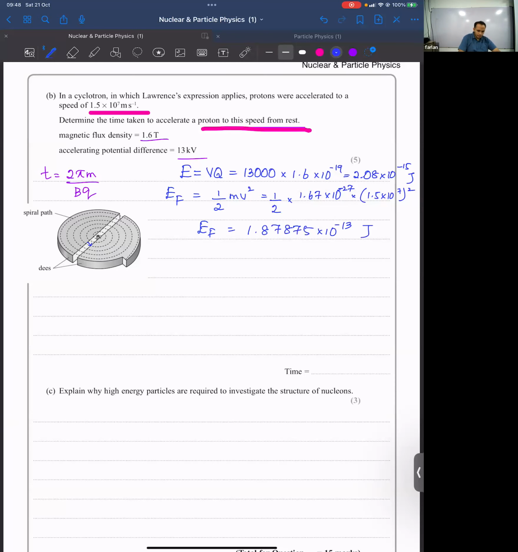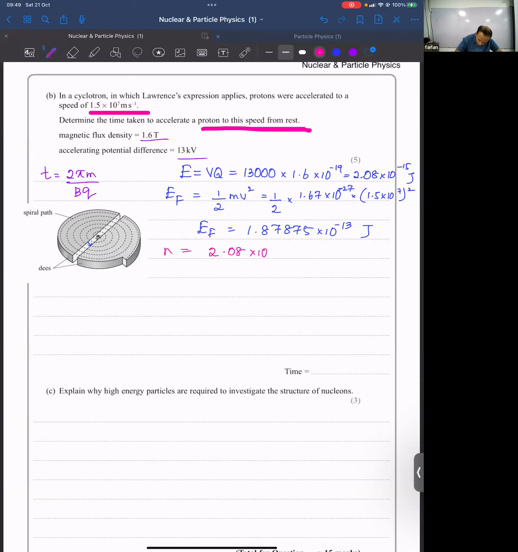Listen to me carefully. This is the final energy the proton has gained. When it is accelerated once between the PD, it gains this much energy. So to have this final energy, how many times should it be accelerated between the D's? I can find it.